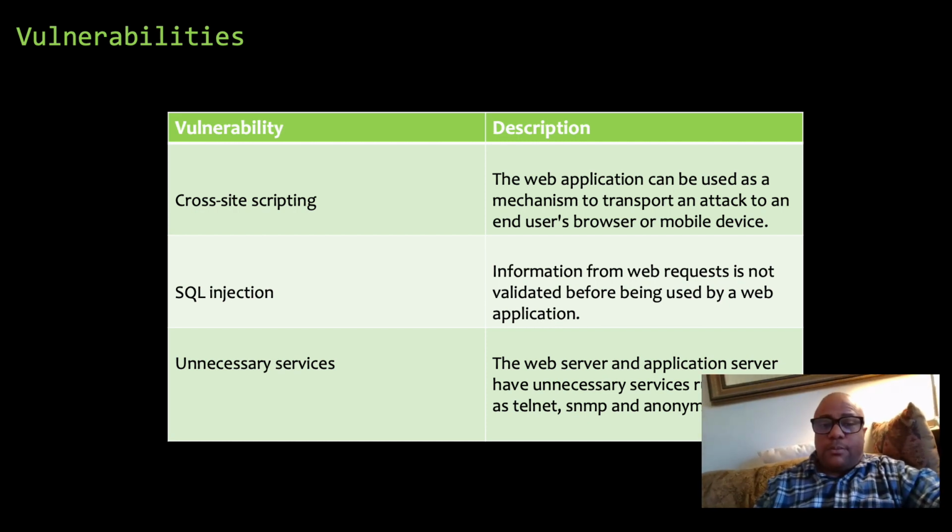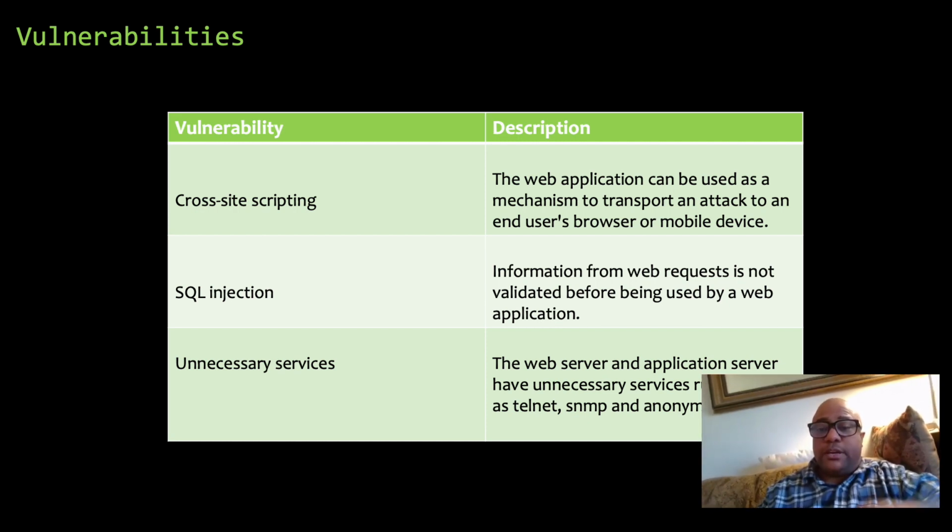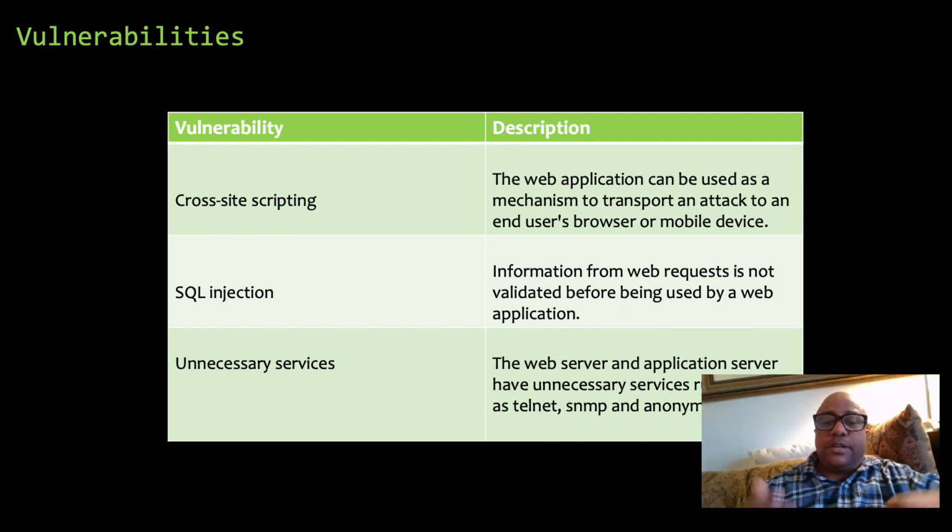The third vulnerability we found is the use of unnecessary services. A lot of times you might have a web server or application server that's running different services in the background that don't need to be run, for example Telnet or SNMP or anonymous FTP.